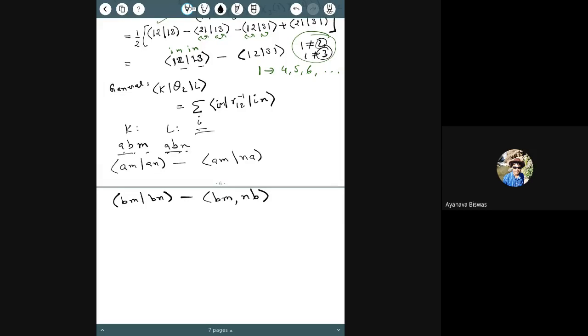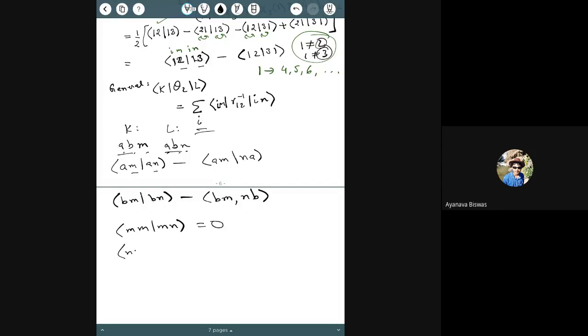But this M and N, I cannot have, let's say, M, M. If I do M, N, this is 0 by the property of determinants.